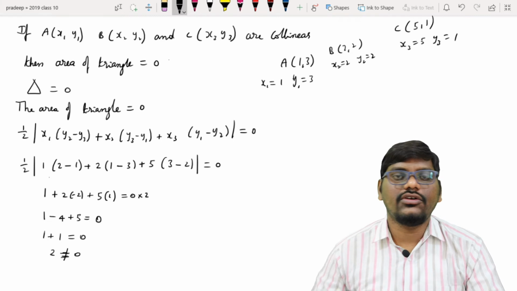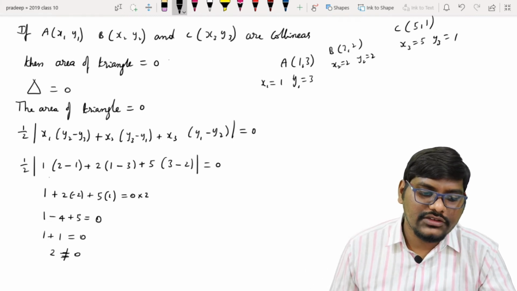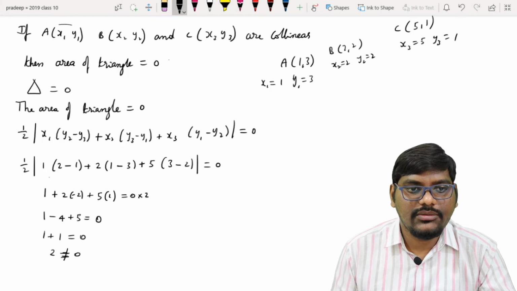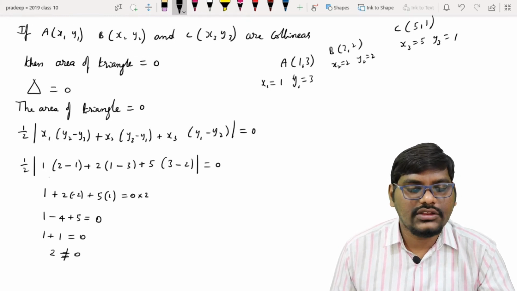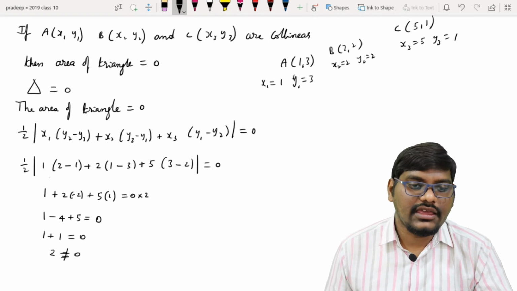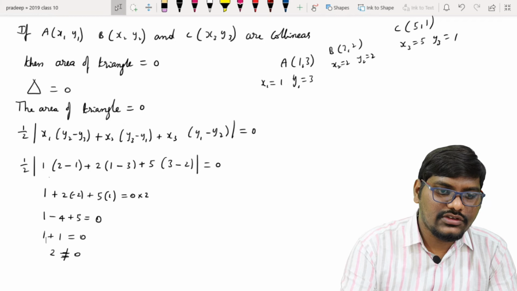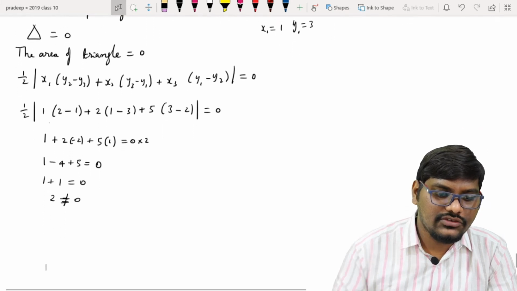2 is not 0. So we can say whatever Akila has said was wrong, which means the given 3 points were not on a straight line, they formed a triangle. So we write the conclusion that whatever Akila is saying was wrong.